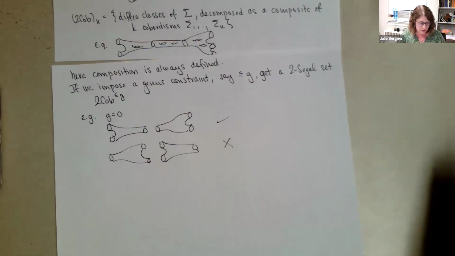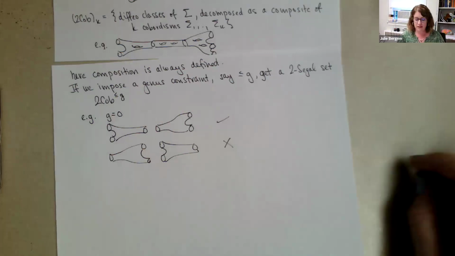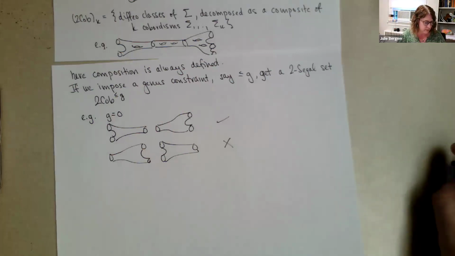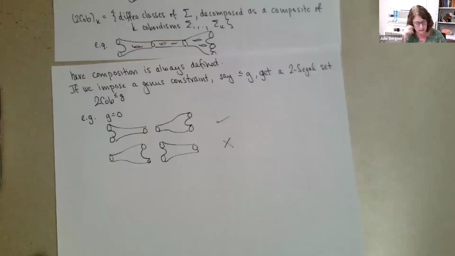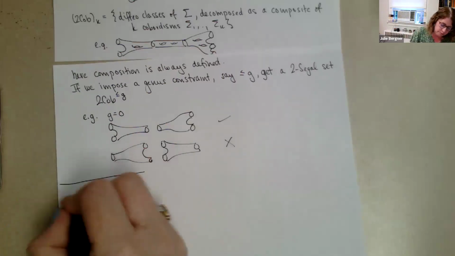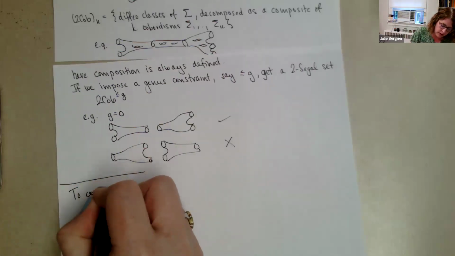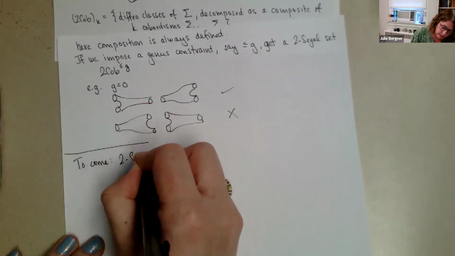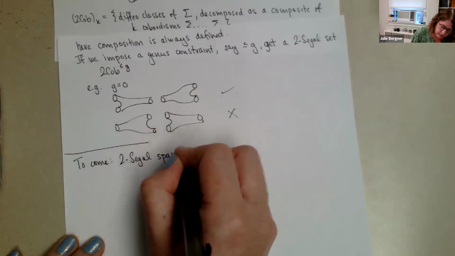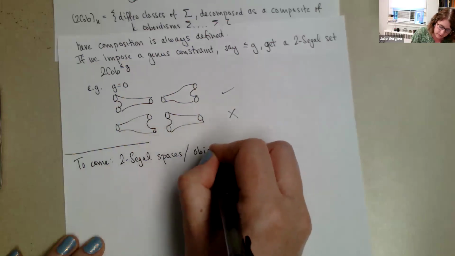I did not actually get to spaces today. We just stayed with the discrete case, but I will resume and talk a little bit about that on Thursday. So just a couple places that we're going. First of all, 2 Segal spaces, and more generally 2 Segal objects in other categories.